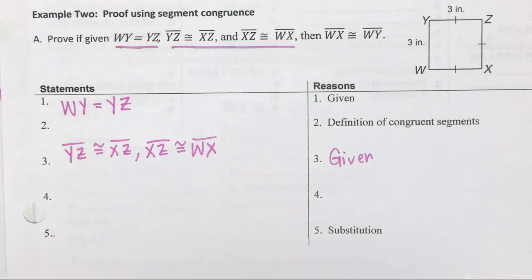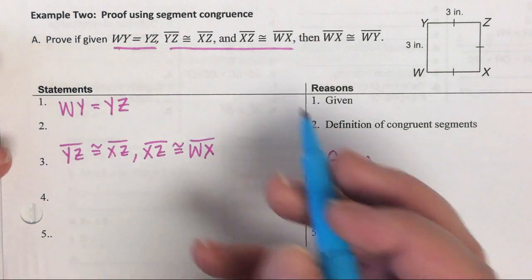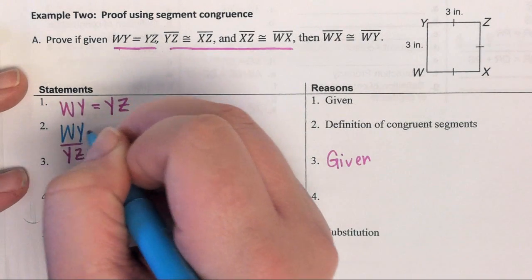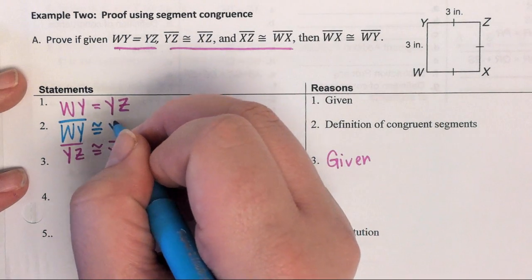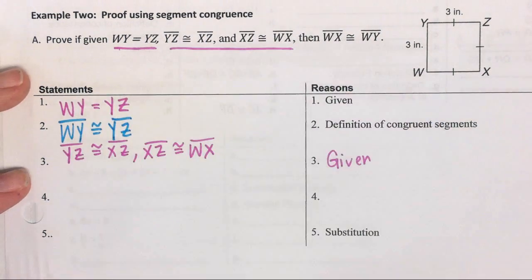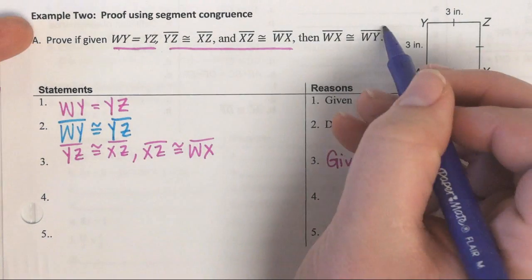Now line 2 says definition of congruent segment. So to go from line 1 to line 2, I realized, hey, I probably need to add the bar so we know it's a line segment and add the congruent symbol. And now Ms. Compton has not even done the easiest part. I already know what goes on line 5.